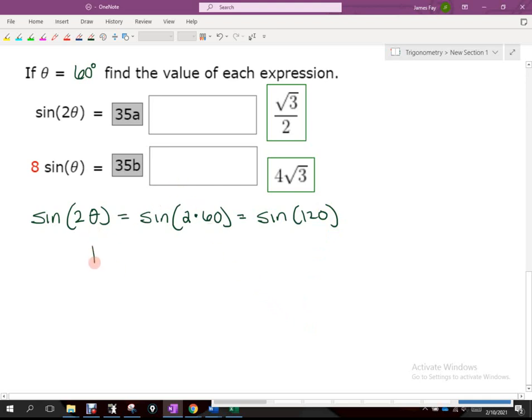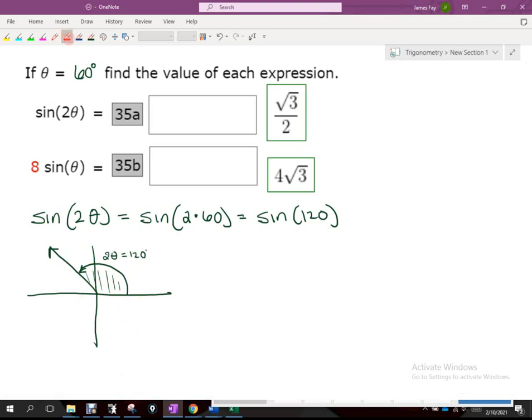So this goes back to the idea, if I'm looking at an angle of 120 degrees, that's going to come over here. I'm just going to write 2 theta equals 120 here. Okay, so I'm interested in that green angle there. But that green angle is bigger than 90 degrees, so I don't really want to use that.